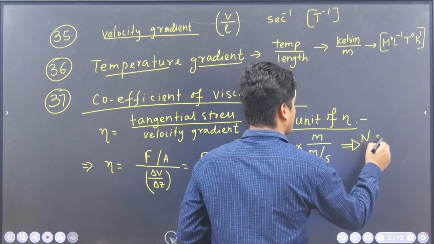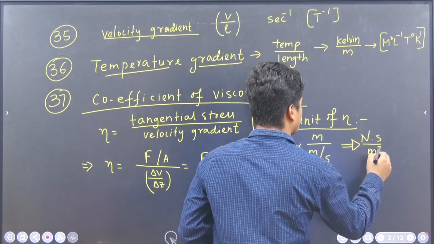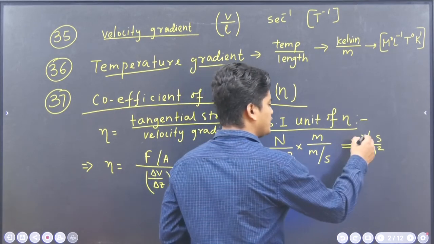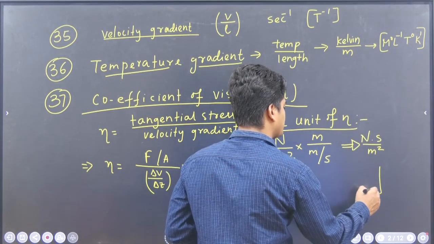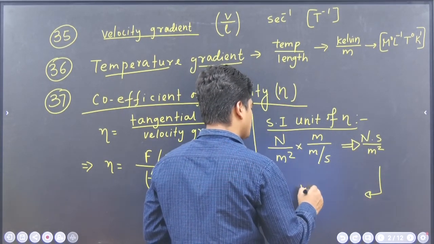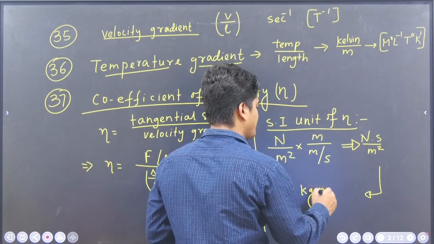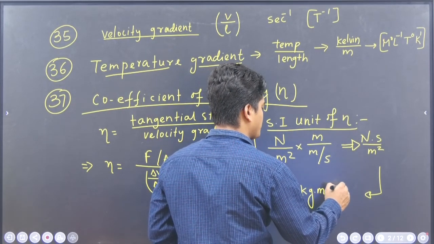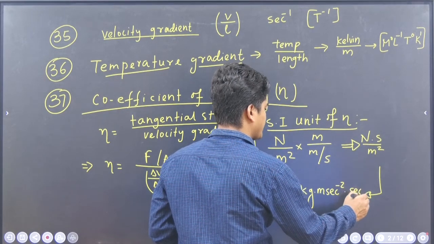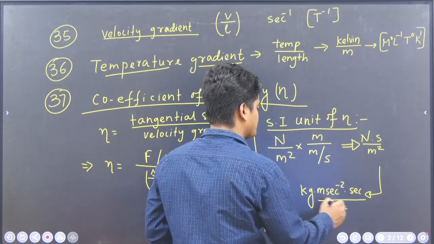You can write Newton into second by meter square. Newton we already know is kg meter second to the power minus 2, so it is kg meter into second to the power minus 2 into second divided by meter square.